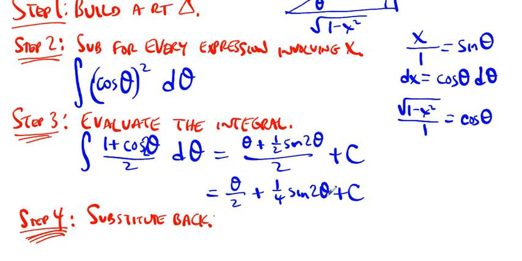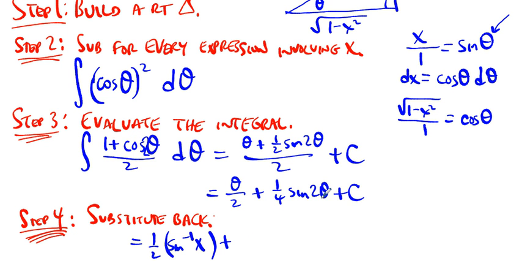Neither of those is very enticing. Theta. What is theta? Well, theta is this thing right here. If I want theta by itself, I've got to move sine to the other side, and the way we do that is with the inverse sine function. Theta is the angle whose sine is x, and that is our substitution.